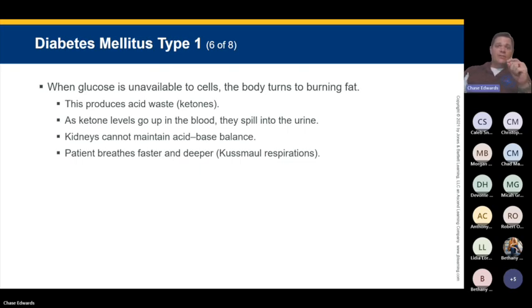As ketone levels go up in the blood, they spill into the urine. The kidneys become saturated with glucose and ketones and cannot maintain acid-base balance in the body. So the patient breathes faster and deeper as the body attempts to reduce the acid level by releasing more carbon dioxide through the lungs. These are known as Kussmaul respirations.